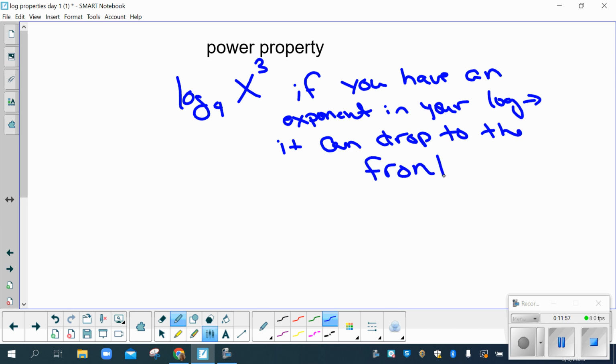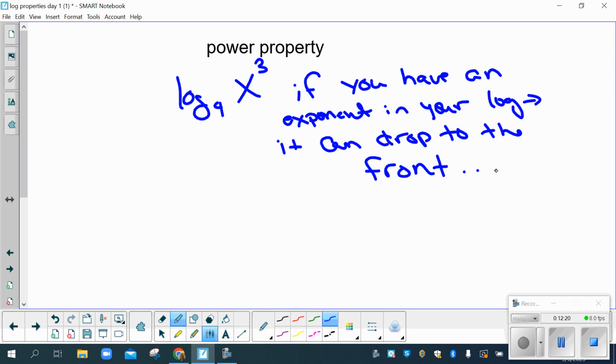This turns out in the next 2 weeks to be the most important property because it's going to allow us to take exponents that are variables and drop them in the front. So I want you to put your pencils down for a minute, and I want you to watch something. You don't need to ever actually know this, but I'm going to show you how this bad boy works.